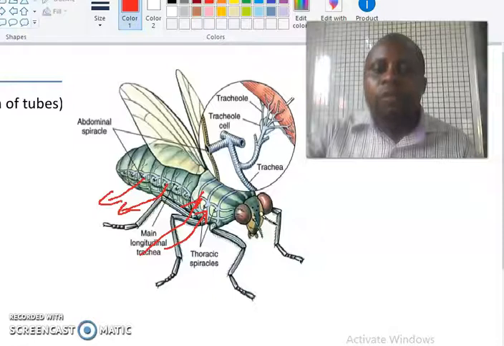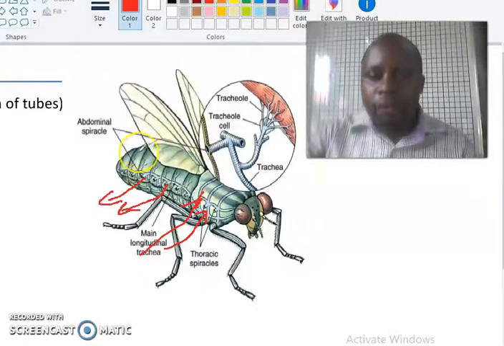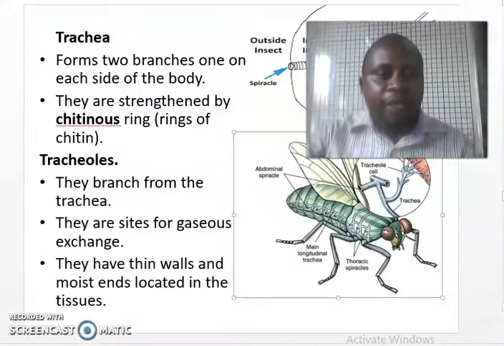Similarly, carbon dioxide is highly concentrated in the tissue cells. Therefore, it diffuses into the tracheoles and leaves the body through the tracheae into the atmosphere via the spiracles.